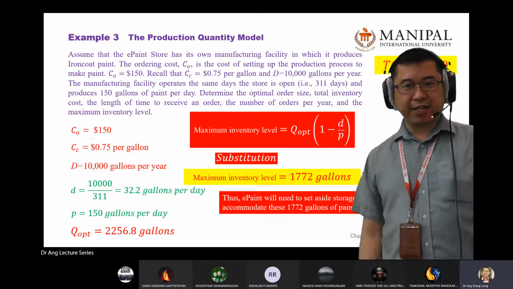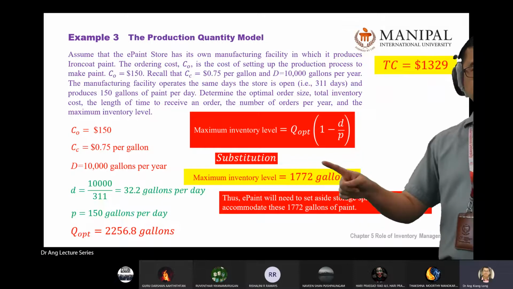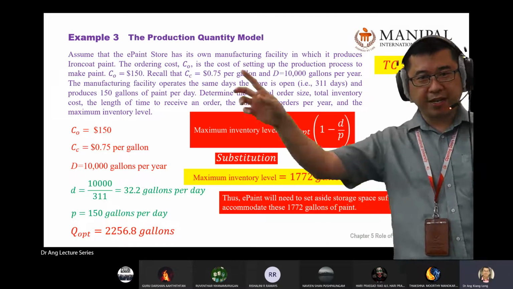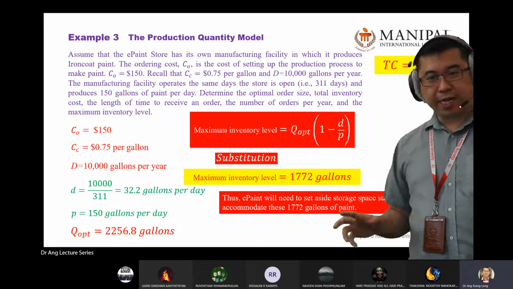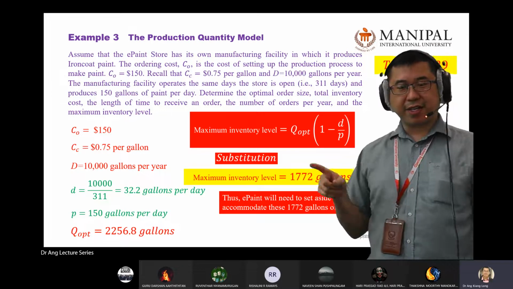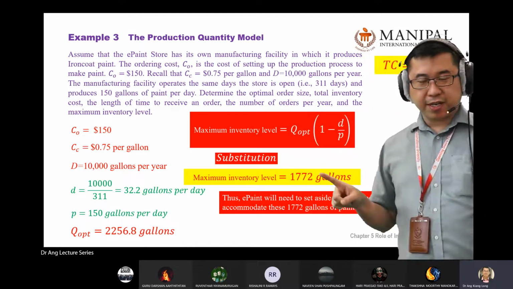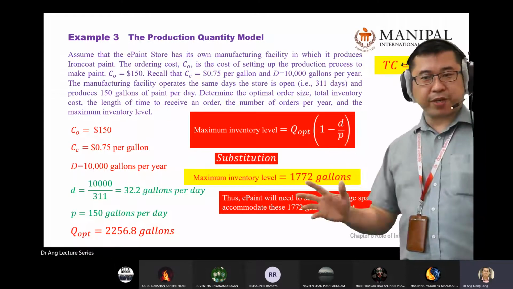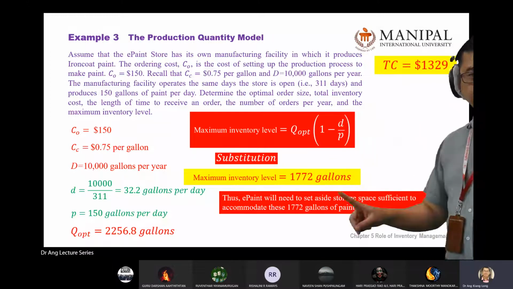Then another HR problem. Because there's no space in the storeroom, you need to put it somewhere else, and somewhere safe, because paint contains alcohol and other chemicals, so you cannot simply put it anywhere. In Malaysia, we have hot weather, so it's very costly. Paint will evaporate and so on. So you need to make sure you have the space for the product.